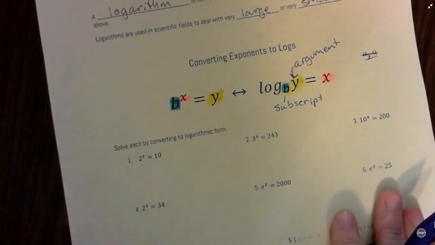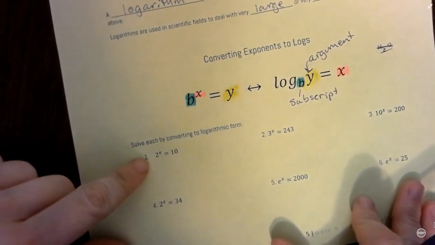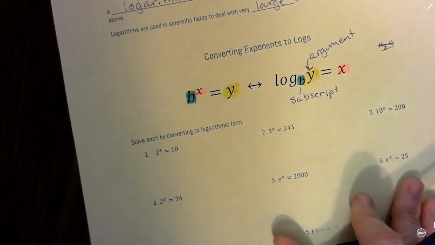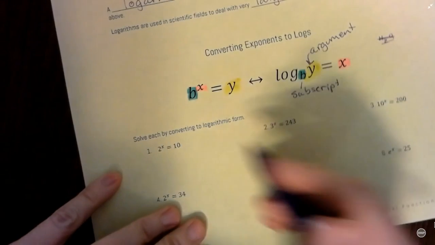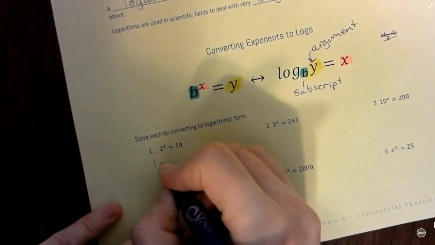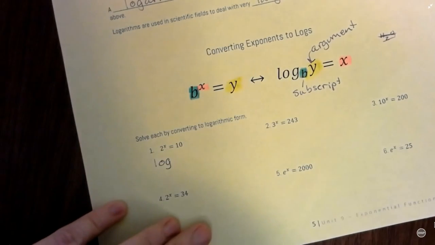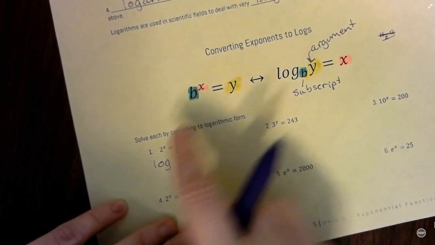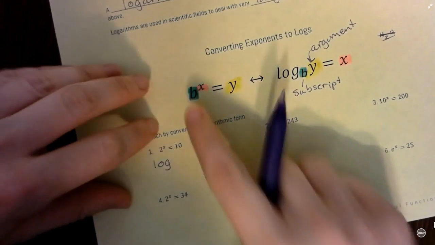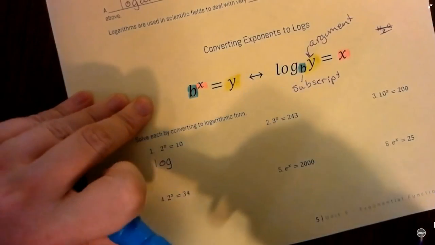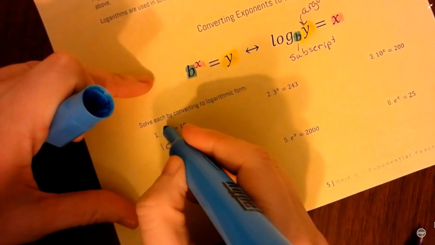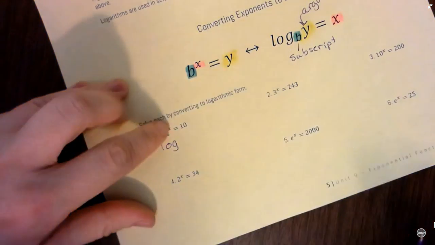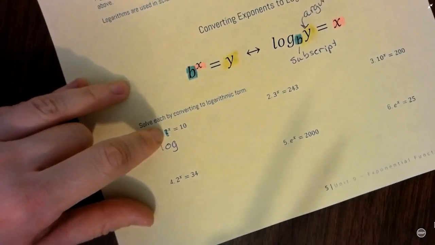So let's try a few down here. Let's start with 2 to the power of x equals 10. So first, go ahead and write the word log. Then, let's look at what happens to the 2. So this is the 2. There's the 2. What happens to that?